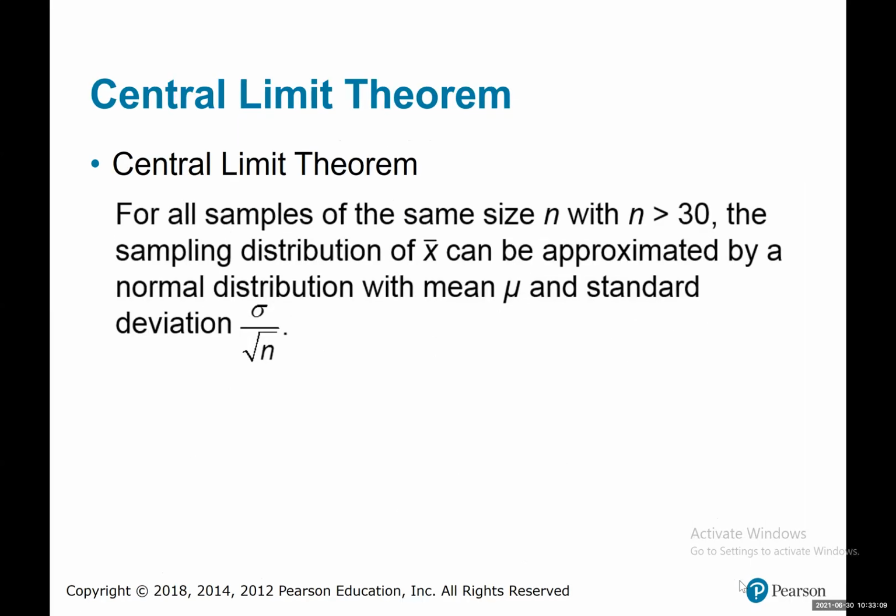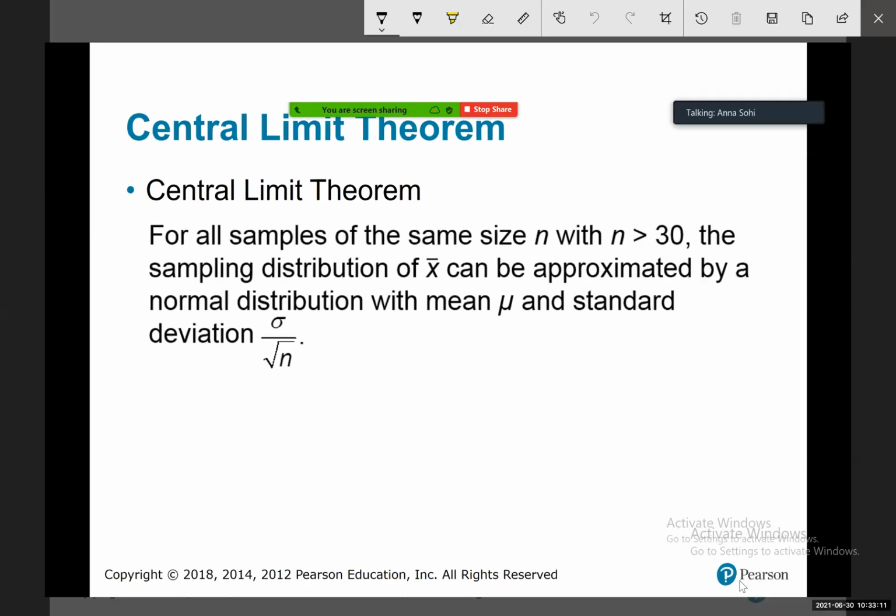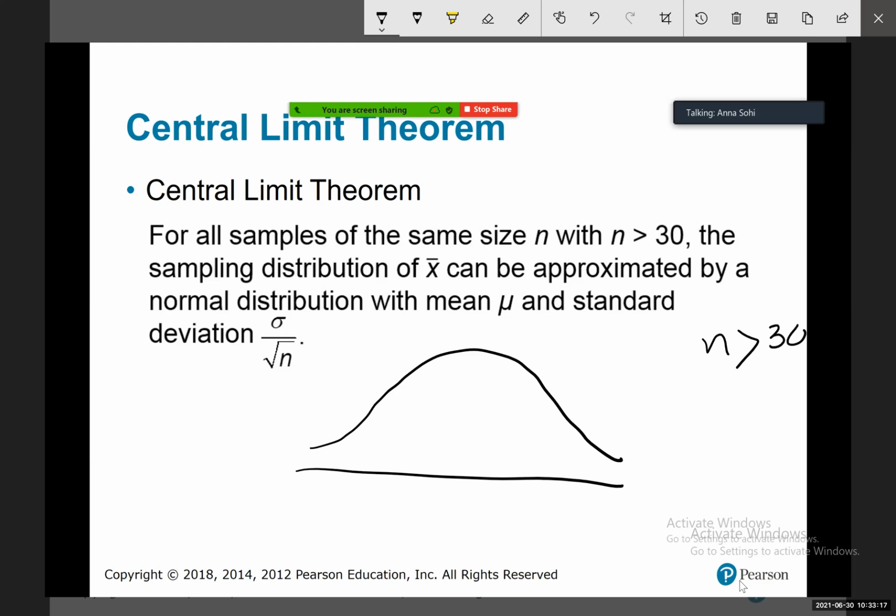Okay, so please write that when you are talking about the central limit theorem, n should be greater than 30. And then mu is mu, but sigma should be sigma over square root of n. So what you put in your calculator instead of sigma would be sigma over root n.